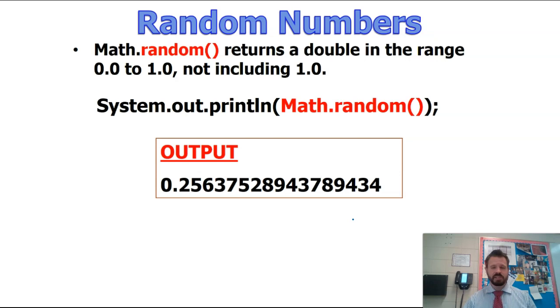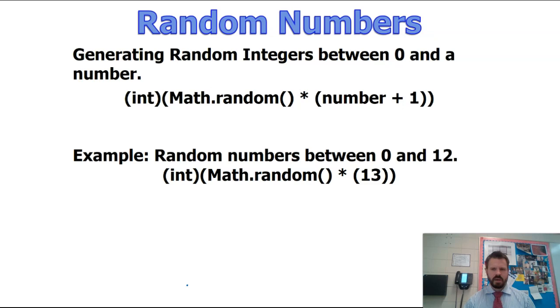Now you might be asking yourself, what's the point of that? How are numbers like this going to help me? Well, let's take a look at how we can turn this kind of ugly, long, random double into something practical. All right, so let's say we want to generate a number between 0 and some other number.